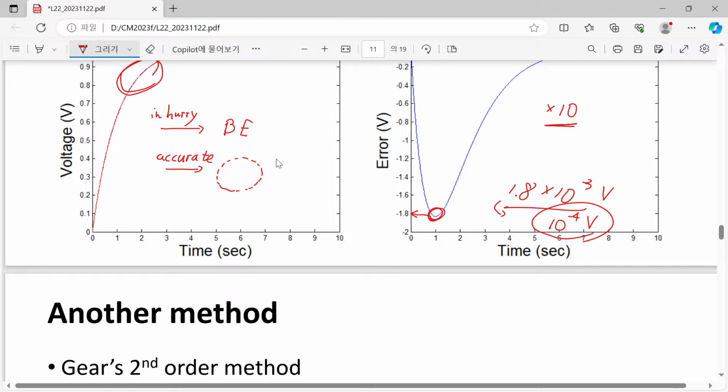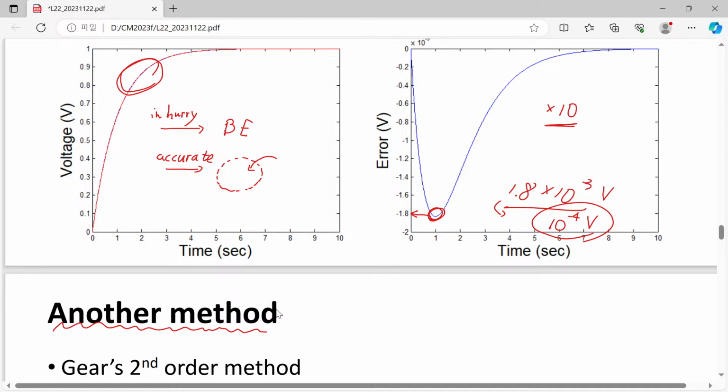Okay, so now we'll talk about another representative method for this time derivative. Of course, I want to stress that this is not the only way we can have the transient simulation.